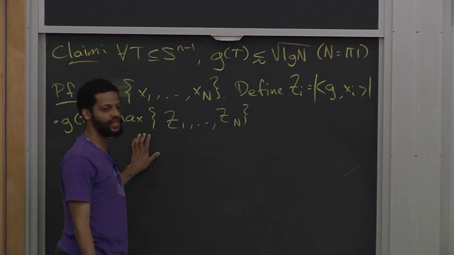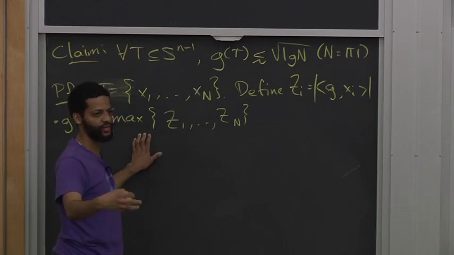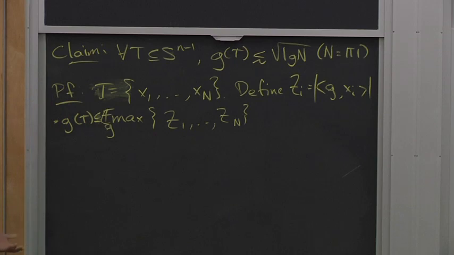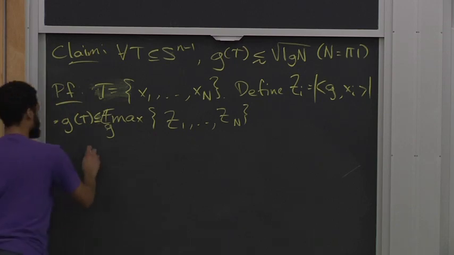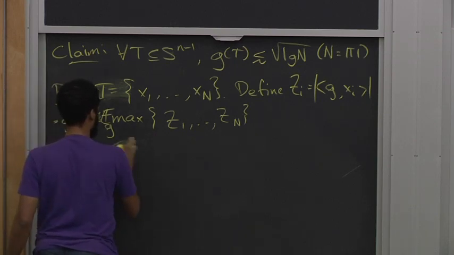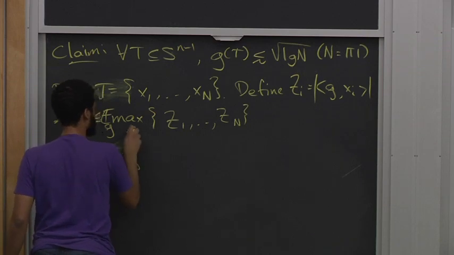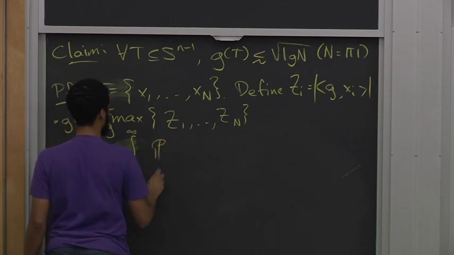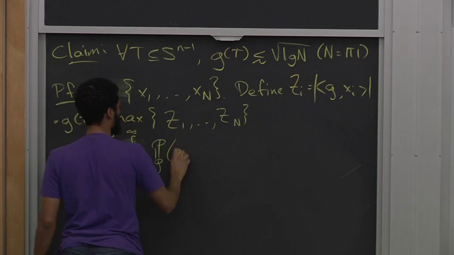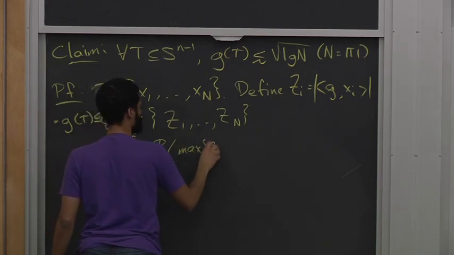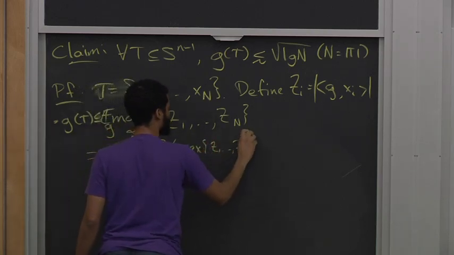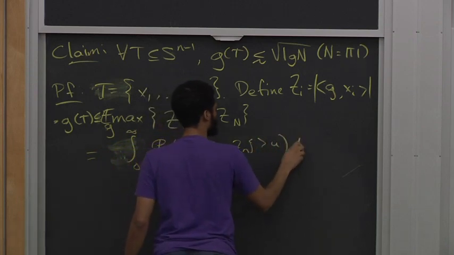The expectation of z, if z is non-negative, is the integral of the probability that z is bigger than u du. So this is equal to the integral from 0 to infinity of the probability over g that this max of z1 up to zn is bigger than u du.